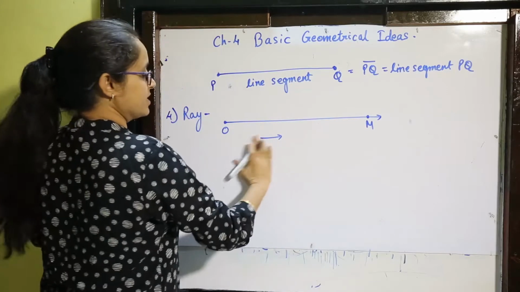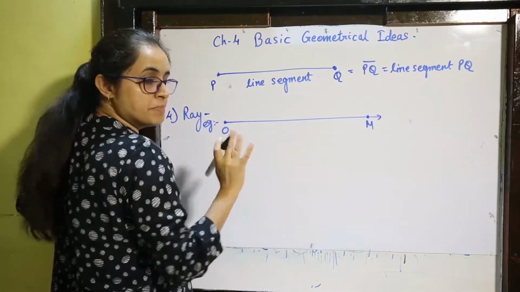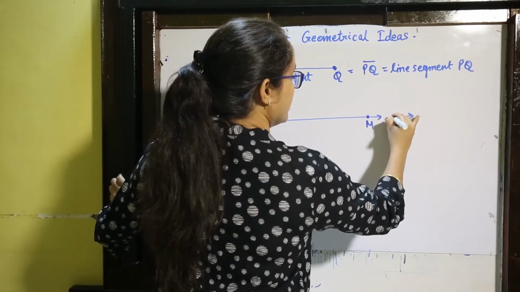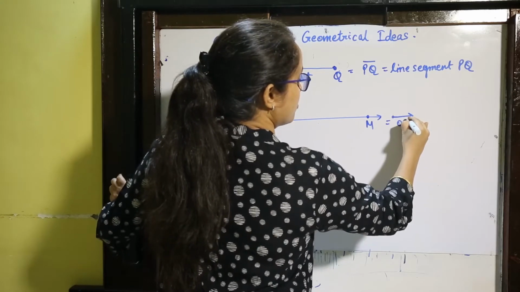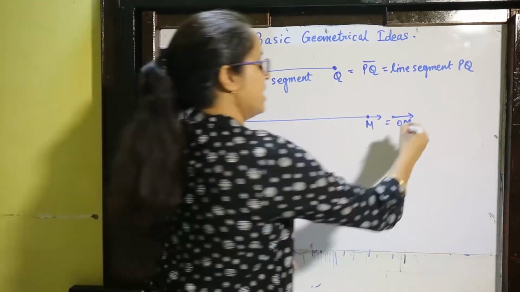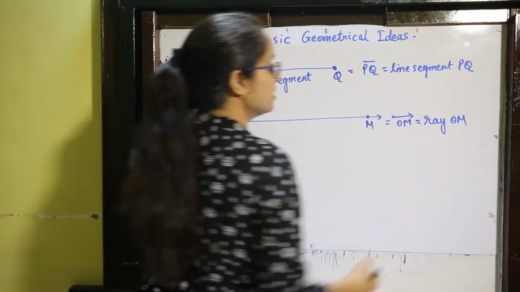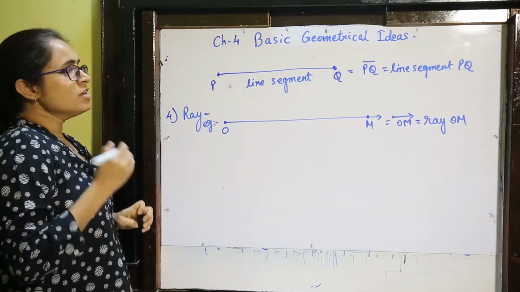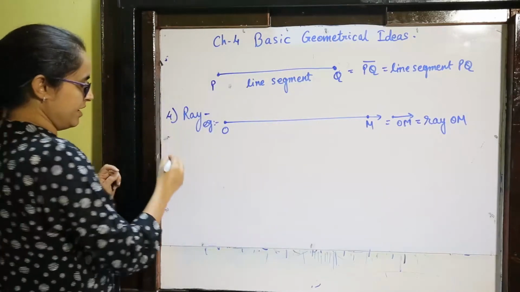So this ray can be represented as ray OM. Here there will be a point and here there will be an arrow. One side it is an arrow, another side it has a point, and it is also known as ray OM. This is a ray.